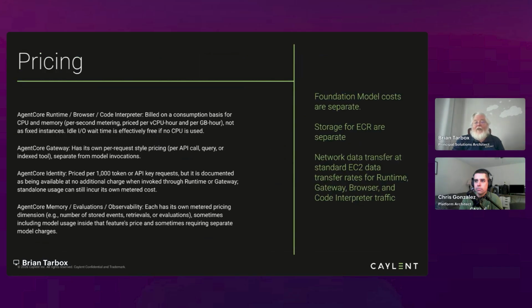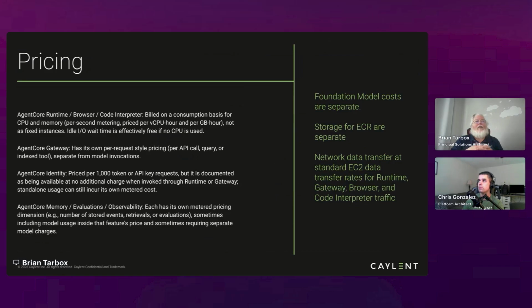Now pricing is interesting because it's all going to change. By the time you're watching this, all these numbers will be different. So we're not going to go in a lot of detail here because it will be different. But it's here as reference. But just understand some concepts: AgentCore runtime and browser and code is based on actual usage.